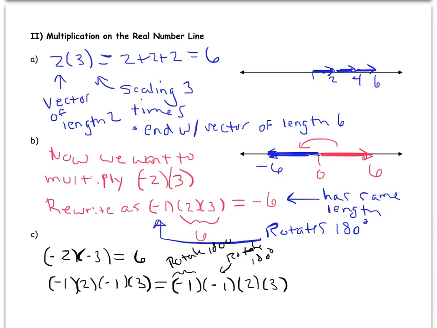So you're back where you started, and then we basically have our vector of length 6, bringing us to 6.